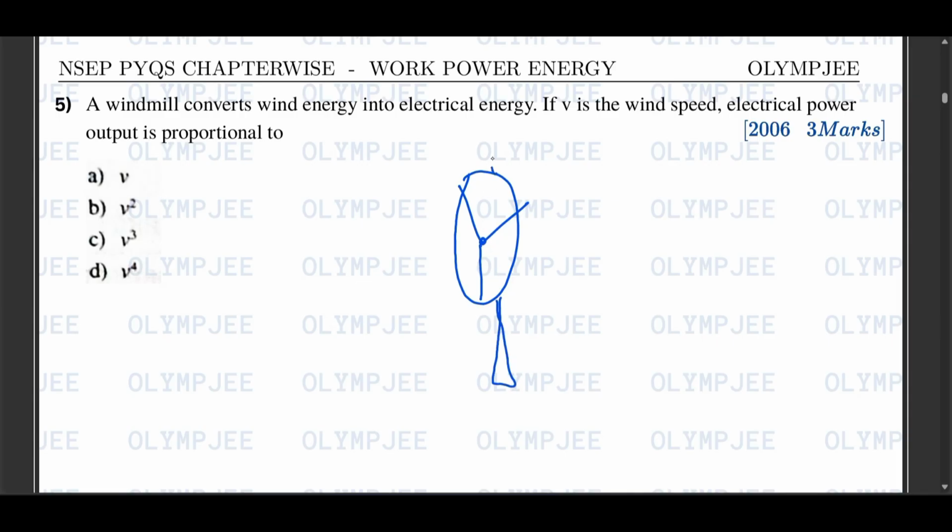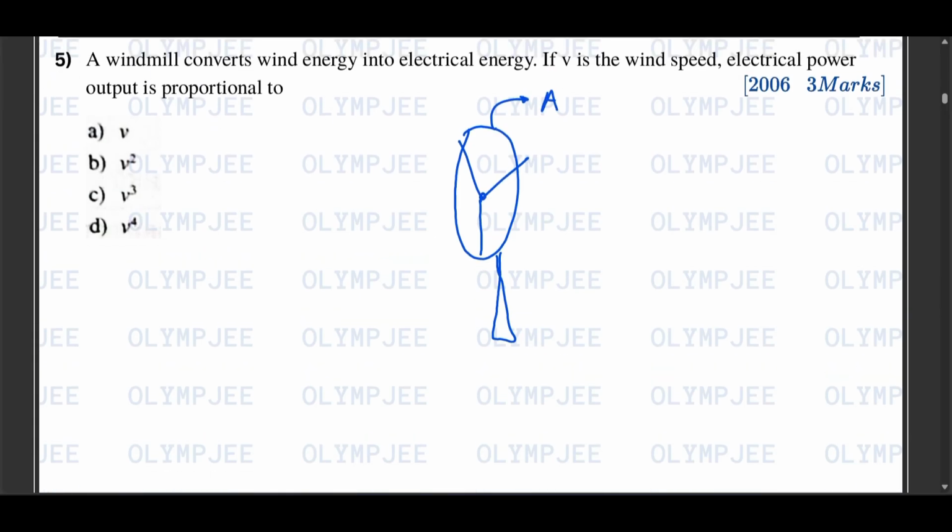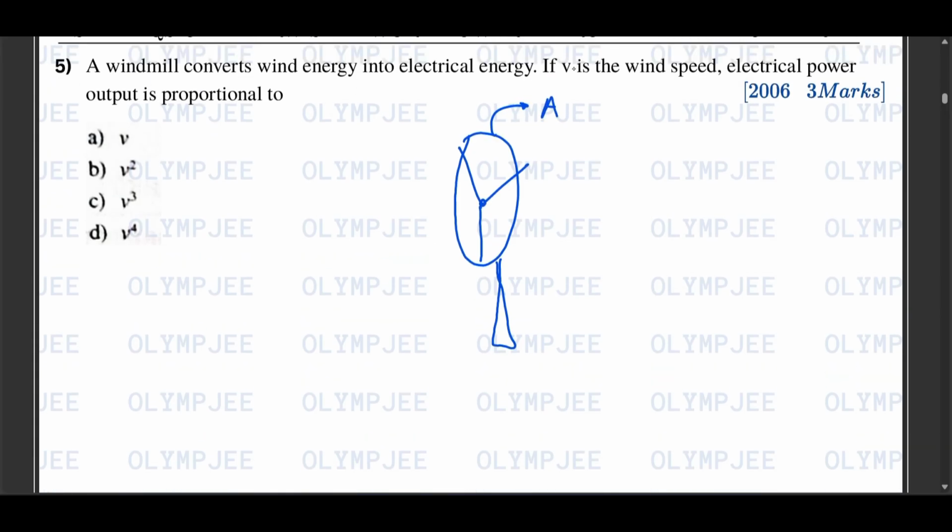So consider that the area of this oval thing is A. So the wind is moving into this windmill, right? And the particles inside the wind will collide with the blades of the windmill, and it will start rotating and convert into electrical energy, right?